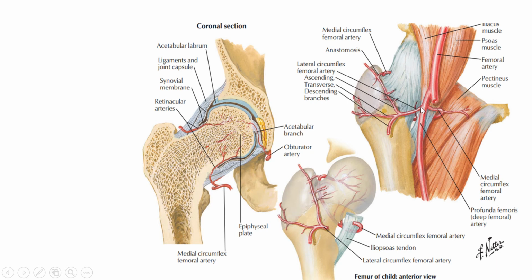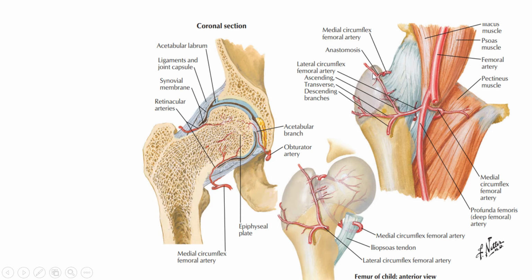These arteries are named circumflex because they wind around the upper end of the femur, both of them, one from the anterior aspect and the other from the posterior aspect. The word circumflex came from circumference: when a structure winds around another structure, it is sometimes named circumflex.